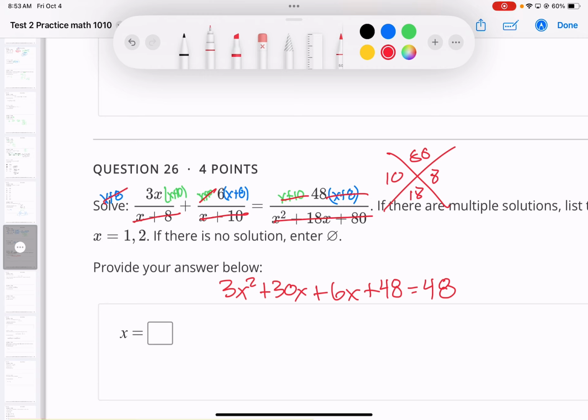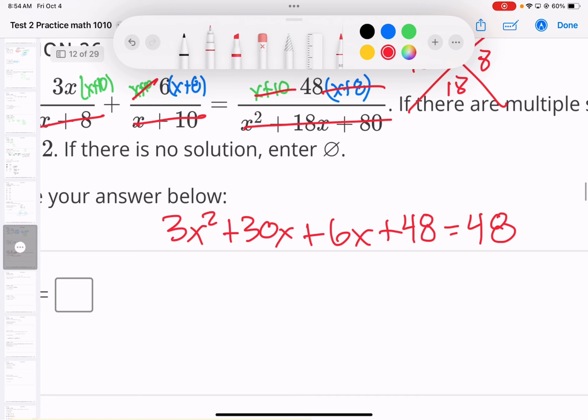How are we feeling about that so far? Okay. In your head, what do you want to do right now? Should we combine like terms? So we got 3x squared plus 36x. And then we minus 48. That's going to get rid of both of these.